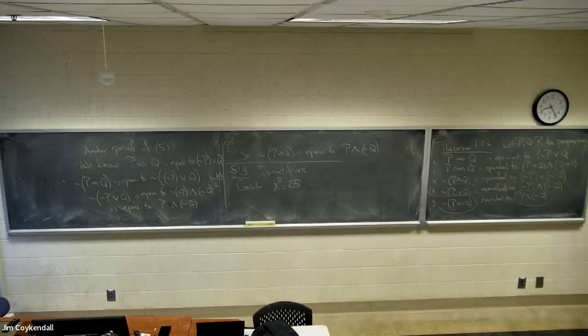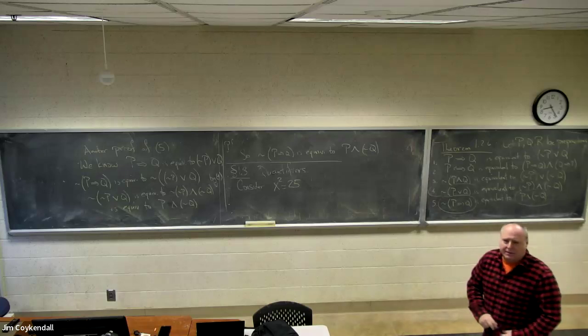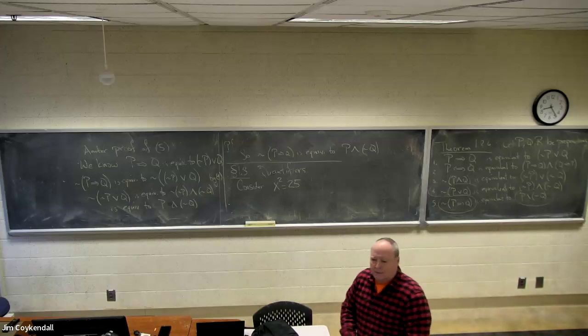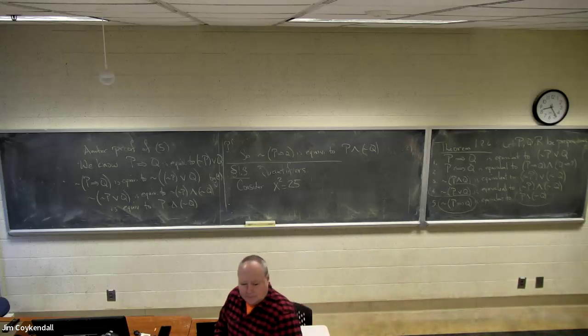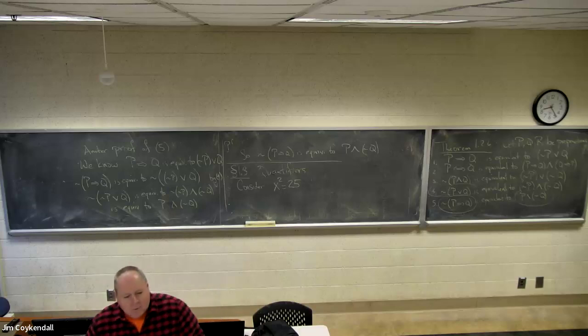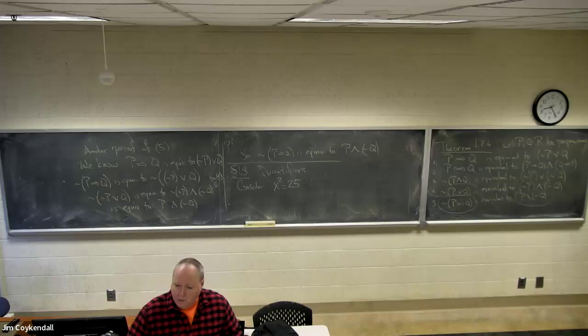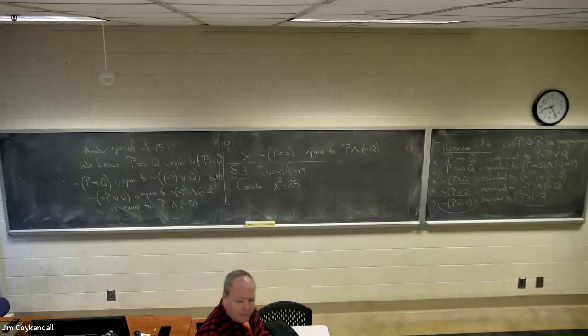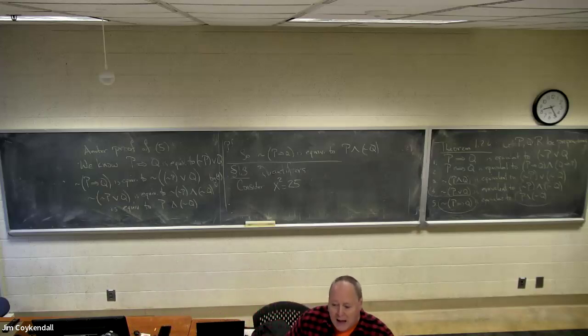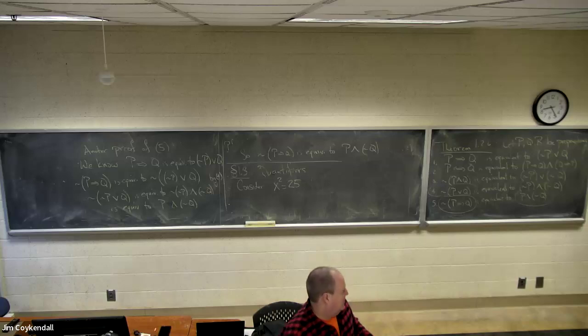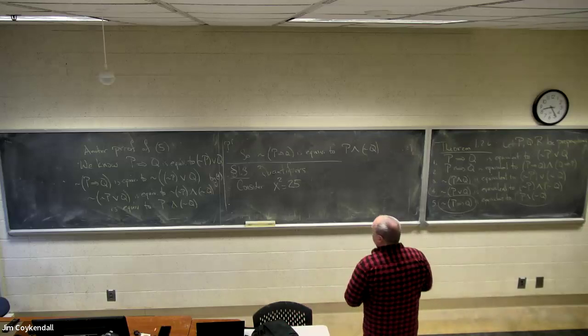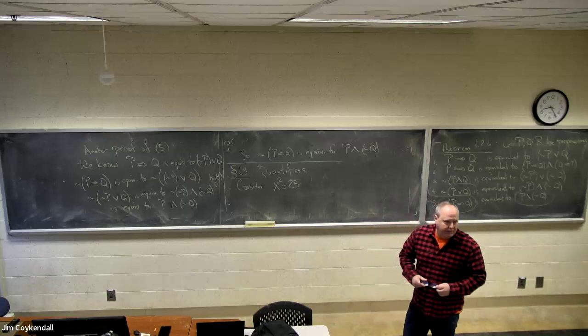This is technically not a proposition. Somebody tell me why? Right, a proposition is a statement that is either true or false. And this is a big fat question mark. I don't know what to make of this until I specify a value for x, right?